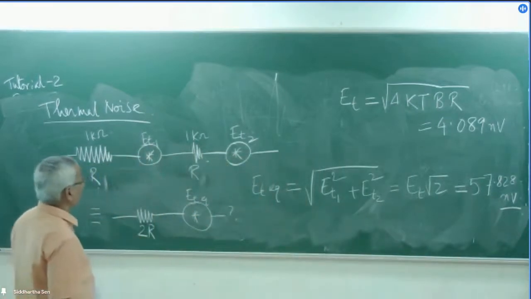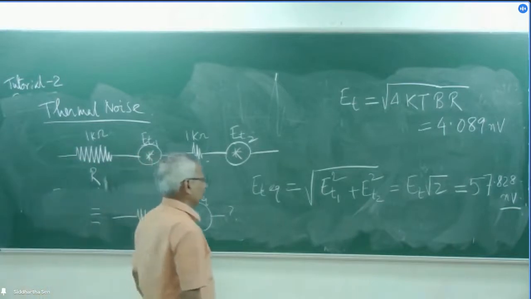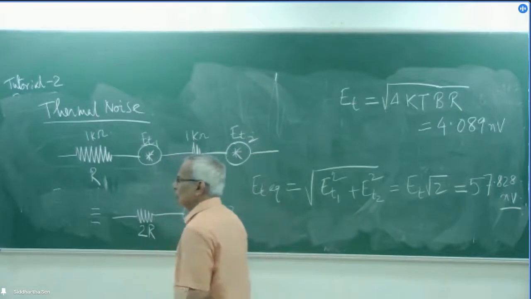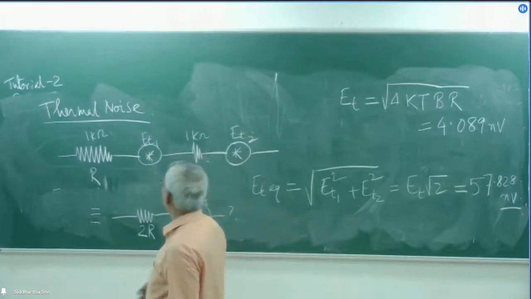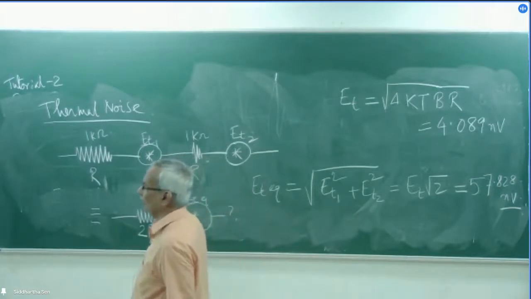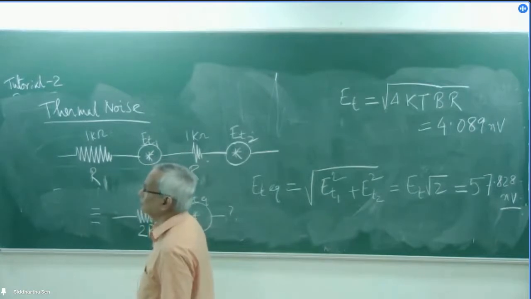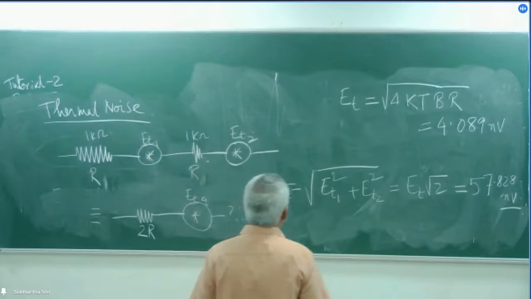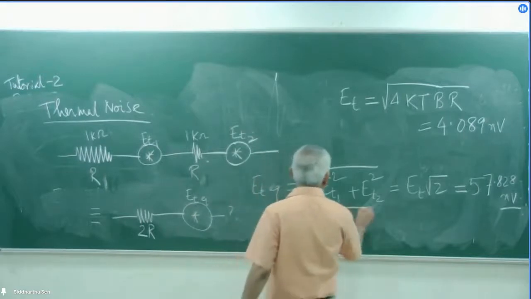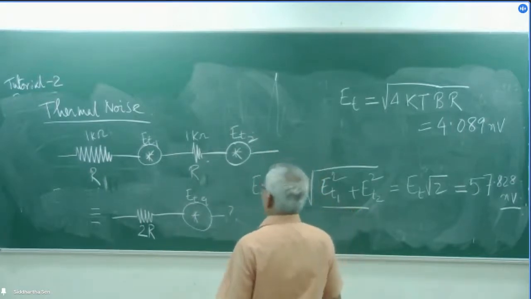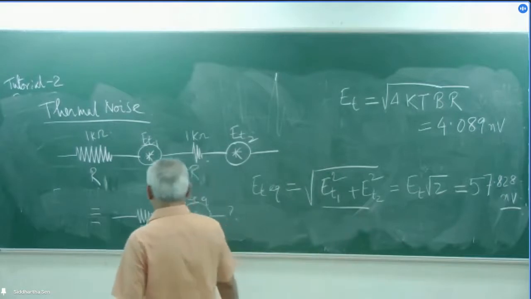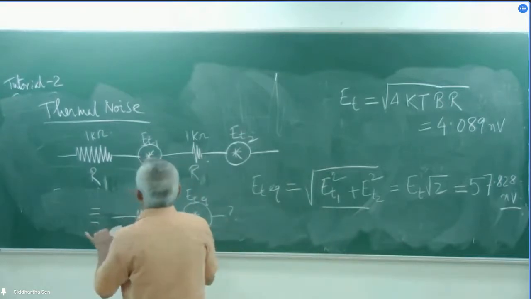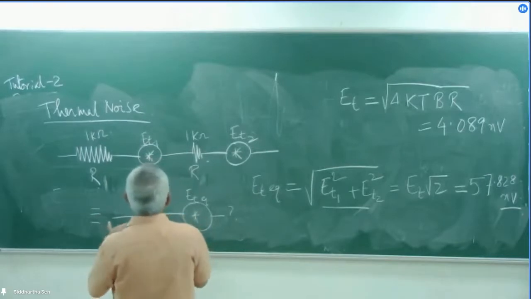So just a simple case of two series resistances, and what would be the estimation of the noise voltage? I leave it to you to work it out. If these two resistors are in parallel, then what will be the noise? I just wanted to show you that if these are random numbers and independent sources of noise, we also take the same approach.